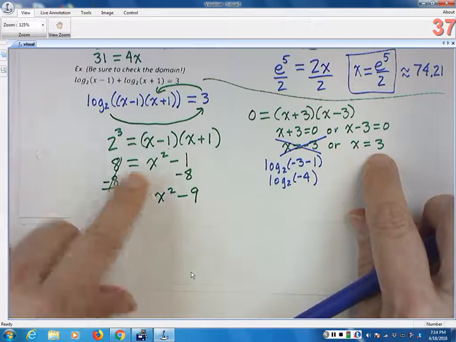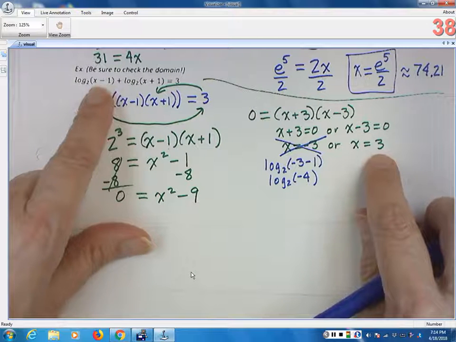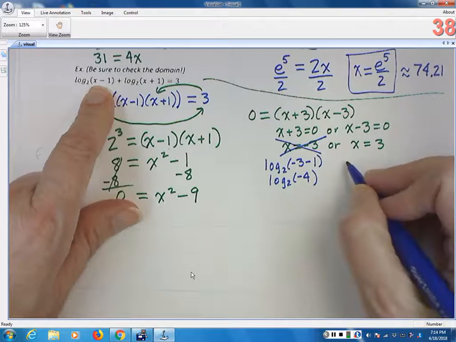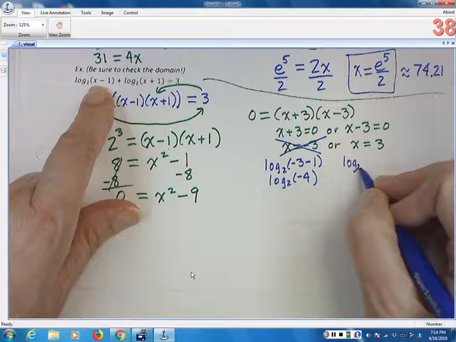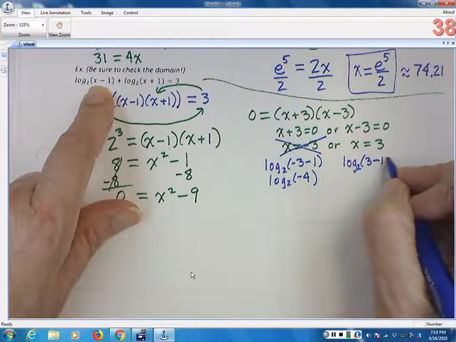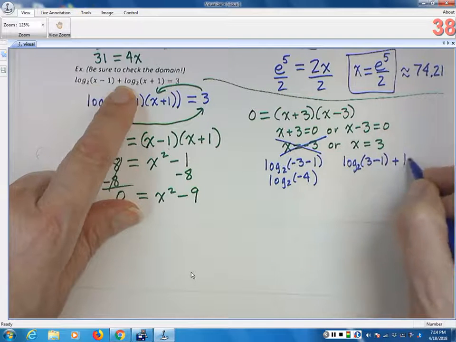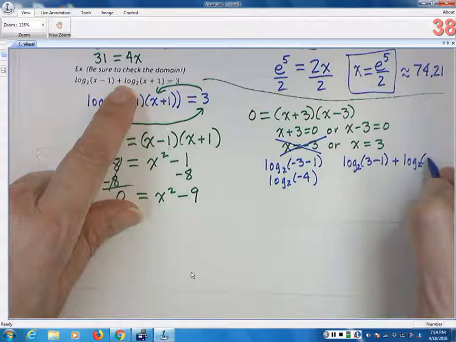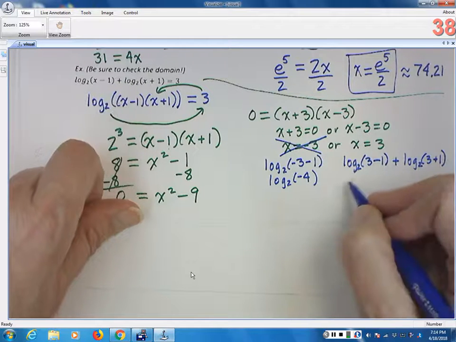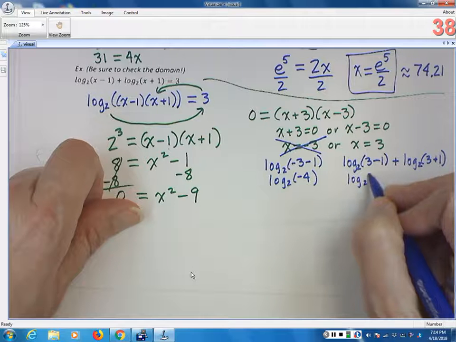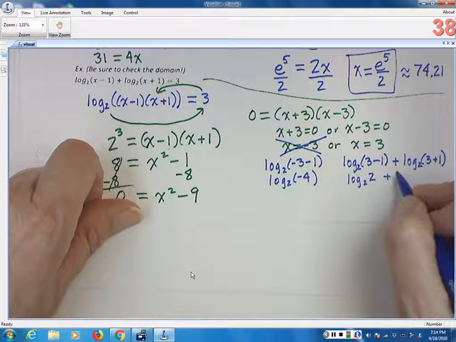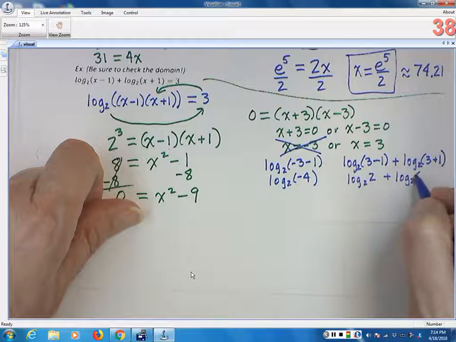Check x equals 3. So we're going to put it in the original equation. We get log base 2 of 3 minus 1 plus log base 2 of 3 plus 1. So that's log base 2 of 2 plus log base 2 of 4.